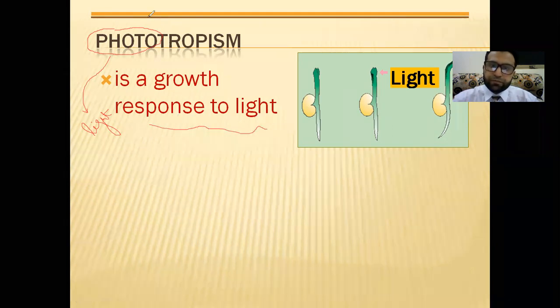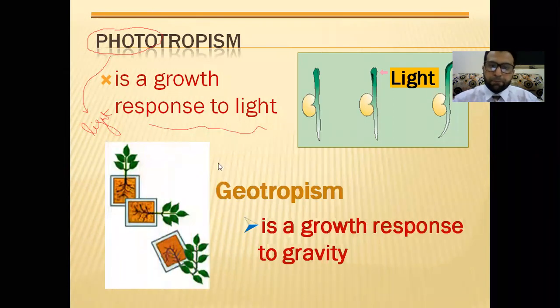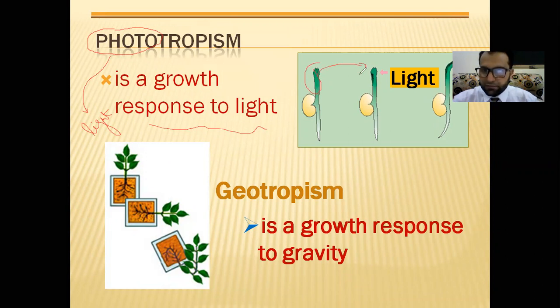Now, geotropism. You can see here, first phototropism. You can see here this part of plant, right? It's showing response to the light. So it is growing toward the light. This is the shoot of plant, right?